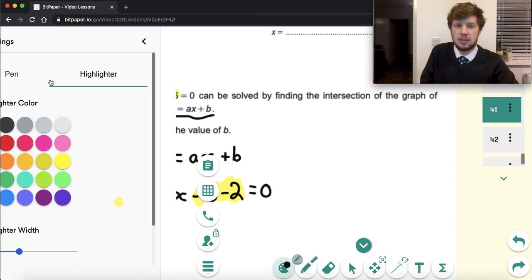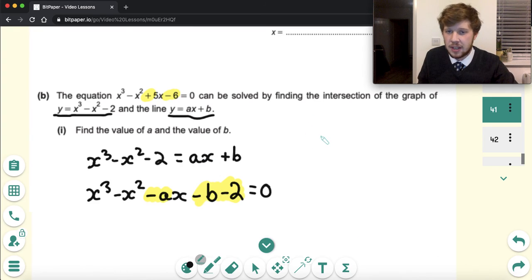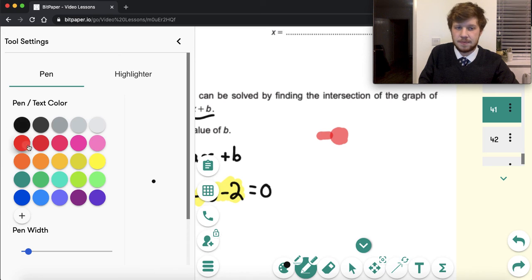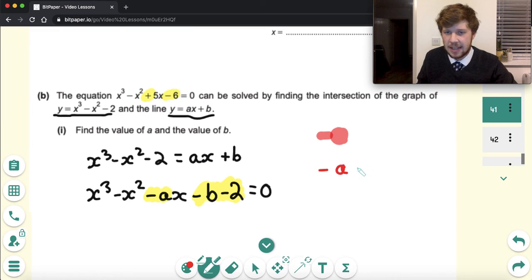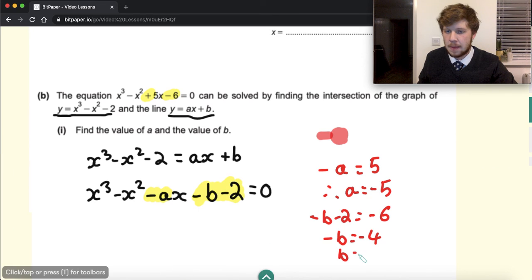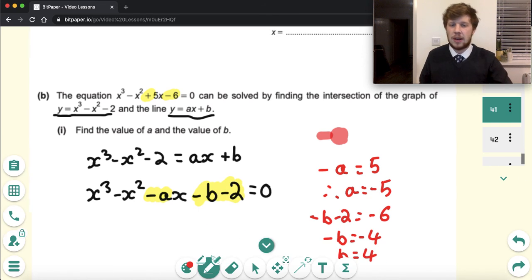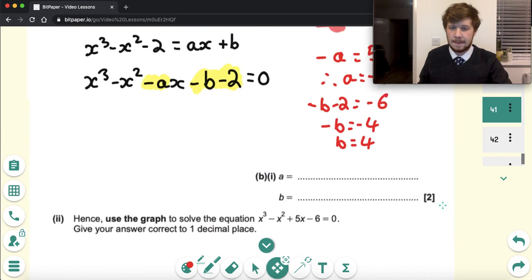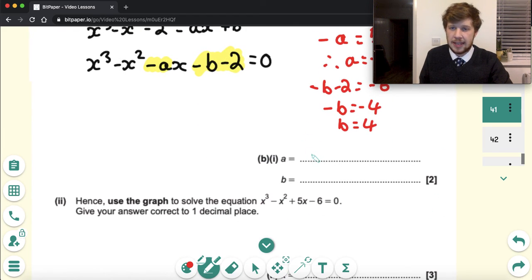So just writing these out as separate statements, negative a is going to be equal to 5, so therefore a must be equal to negative 5, and then negative b take away 2 is equal to negative 6, so therefore negative b is equal to negative 4, so b must be equal to positive 4. So I found my values of a and b. So a is negative 5 and b is positive 4.